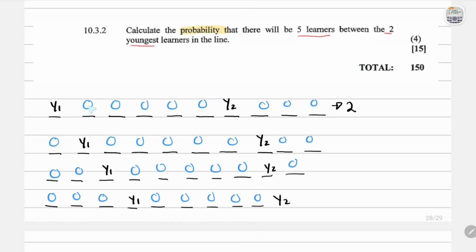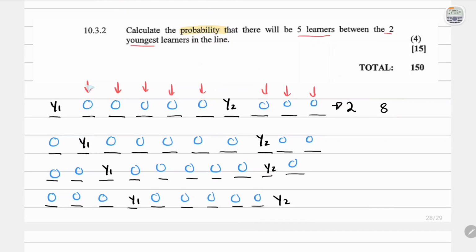This first learner has 8 different places to sit. You can sit here in the 2nd position, the 3rd, 4th, 5th, all the way to, I won't call that the 8th because this learner is here. But they could be seated in any of these positions, and they happen to be 8 positions left after these 2 learners are seated. So that would be 8, okay?